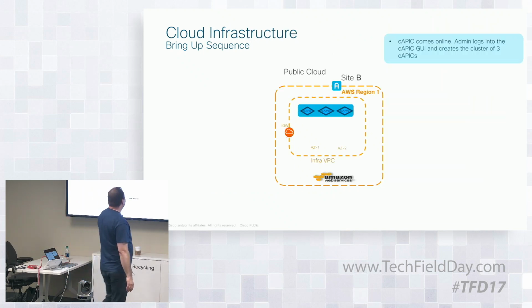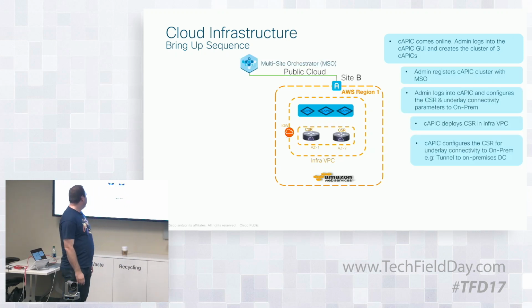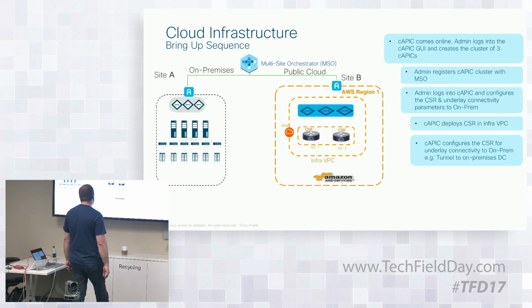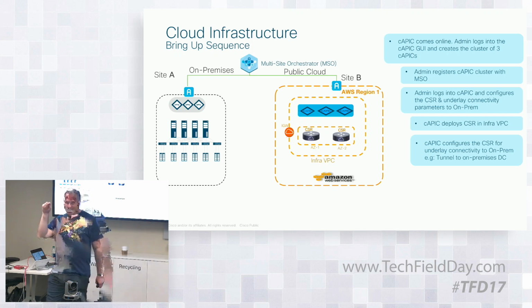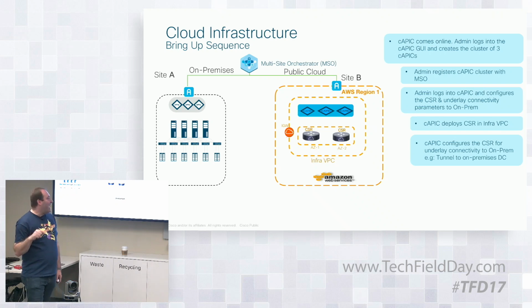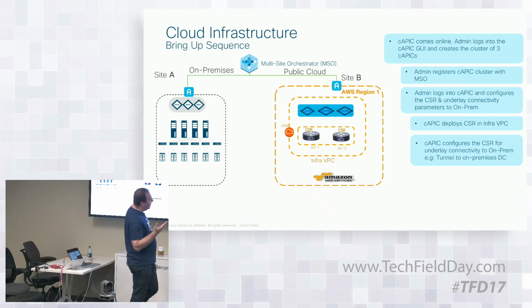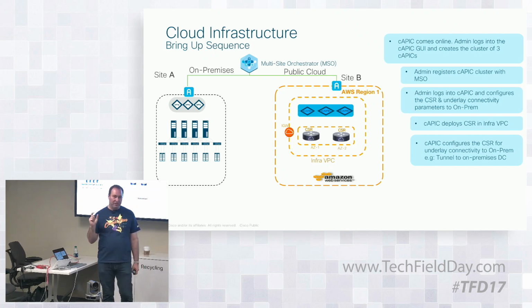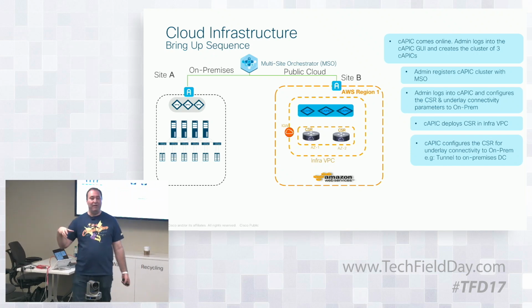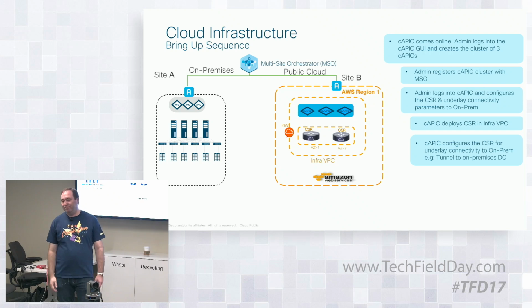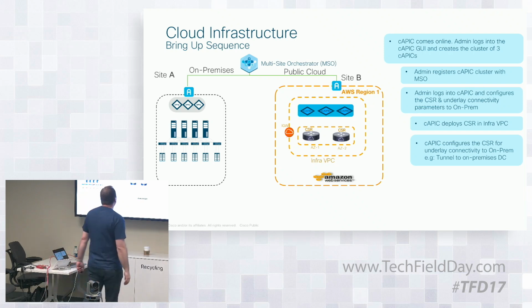The difference is then you can connect into the Cloud APEC and deploy the other 2 APECs and create a cluster from there. It's going to literally just be a next, next kind of thing. And then Cloud APEC will deploy one or multiple CSRs, cloud services routers, that have been around on Amazon marketplace for years and years and are well known.